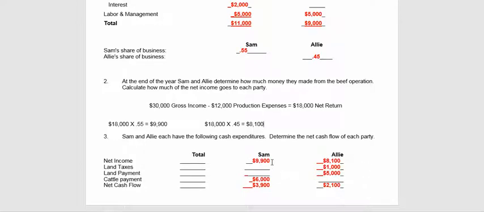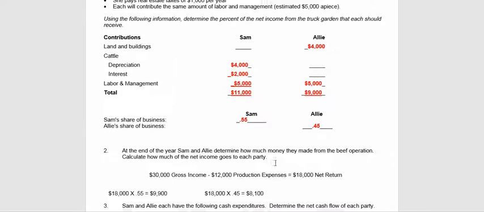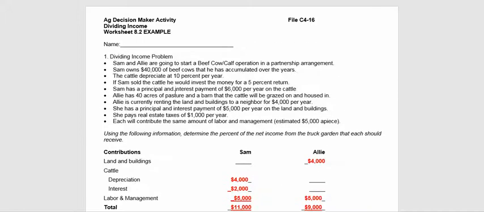Now, when we look at the cash flow for each partner, they do have these payments. Sam has the cattle payment, and we say up here that Sam has a principal and interest payment of $6,000 per year on the cattle. Allie has a payment on the buildings for $5,000 a year plus a real estate tax of $1,000 a year.